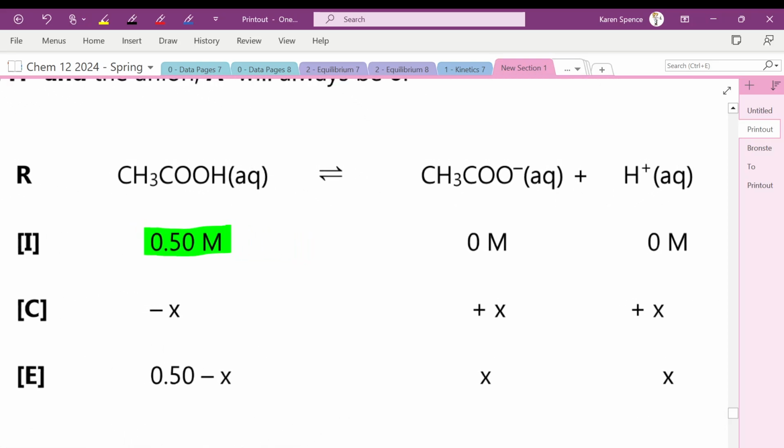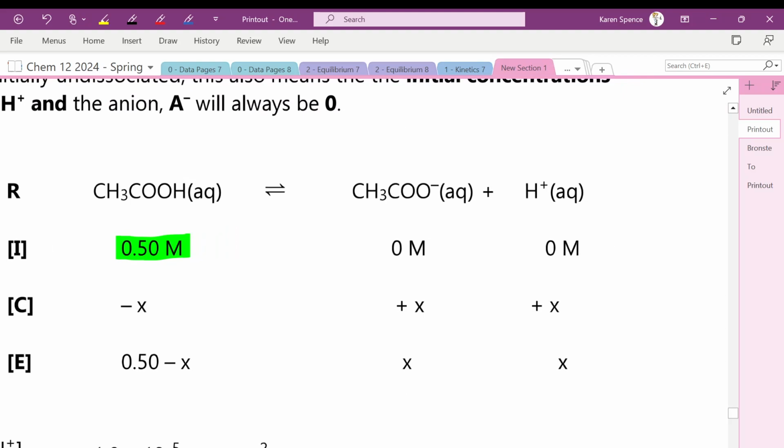Now, initially when we dump that stuff into water, how much is dissociated in that instant we put it in? Technically, none of it. Okay, we're talking just in that one little instant. A nanosecond later, it will be dissociated, but we're talking in that instant, okay?